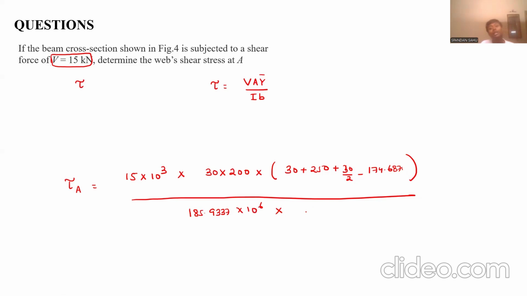And what will be the B? B will be the width of the web, that is 25 mm.